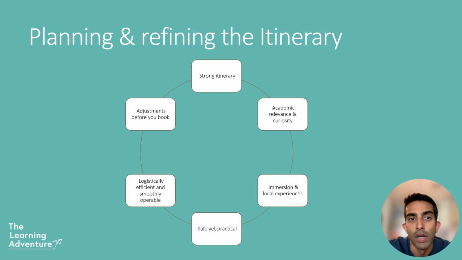The other consideration I think it's very important to point out is that the itinerary should be safe and practical. This simply means that when you're dealing with kids in a certain age group, the actual activities should be safe and logistically conveniently operable.